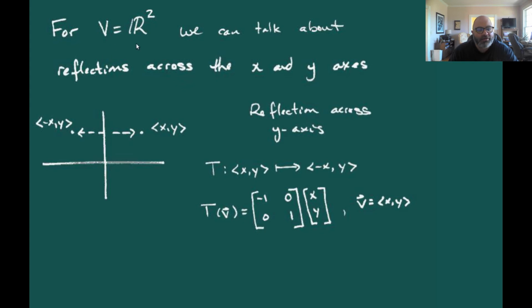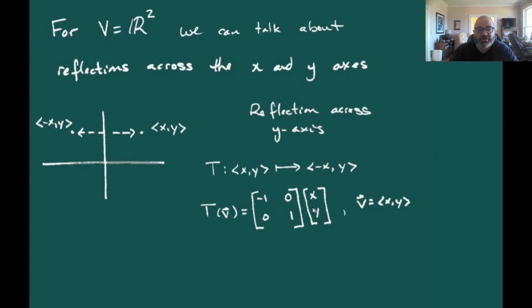If we look at two-dimensional space, then we can talk about reflections across the x and y axes. So for the reflection across the y-axis, if we take a point (x, y), then that gets reflected to the point (negative x, y). We get a linear transformation that's doing this, and we've got a matrix multiplication.